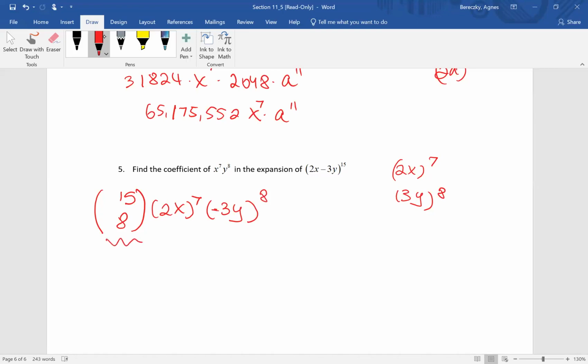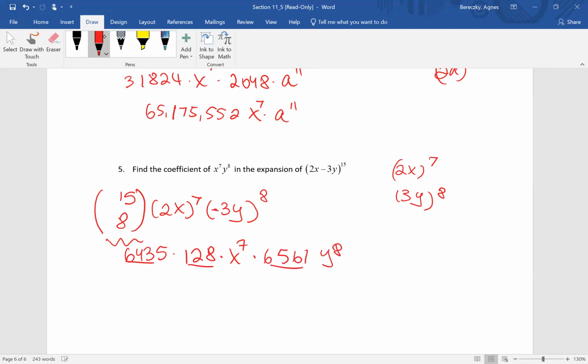So you can use your calculator to find the 15 over 8, which is 6435. 2 to the 7th is 128. And then negative 3 to the 8 is 6,561, y to the 8.